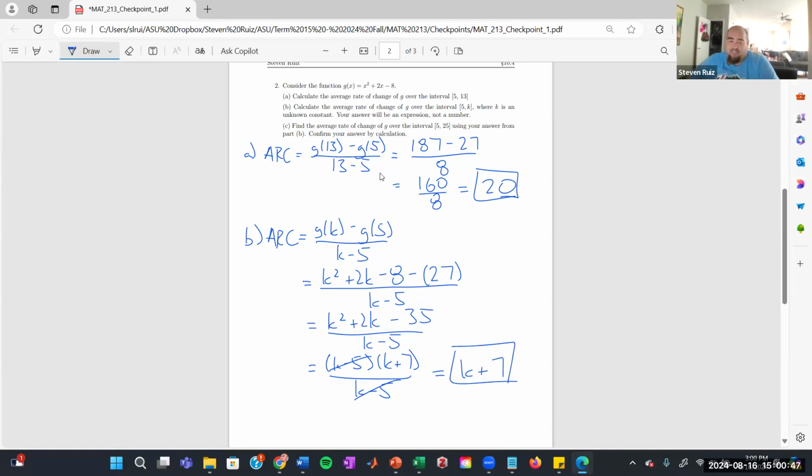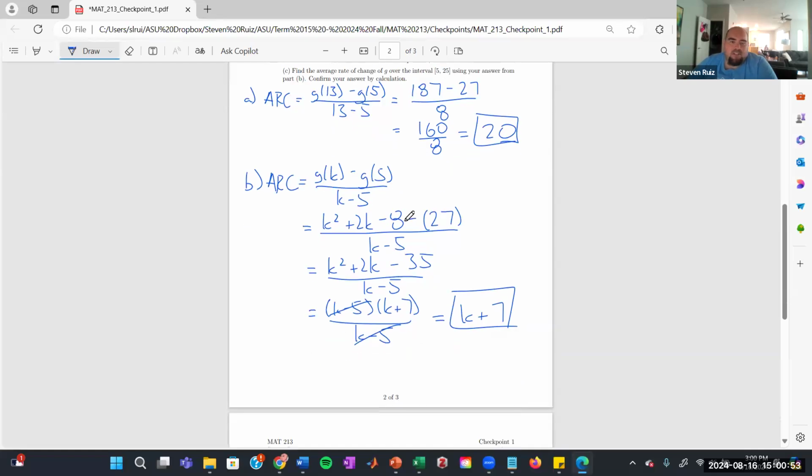Like I said, if you didn't go that far, that's okay. But I wanted to show you that there's a little more simplification that can happen. So part C, find the average rate of change of g over the interval 5, 25 using your answer from part B. So we came up with an expression.